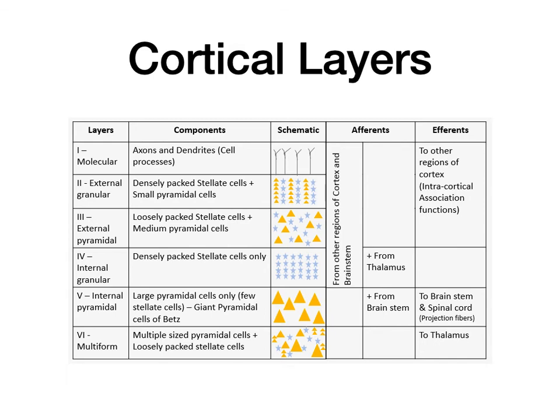So afferents are the connections coming into these layers, and efferents are things going out of these layers. So for a lot of layers, it's other regions of the cortex and some things from the brainstem coming in. And in other layers, there's a lot of things moving to and from the thalamus.